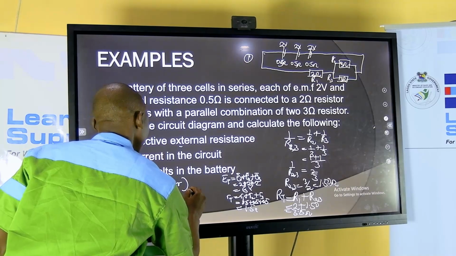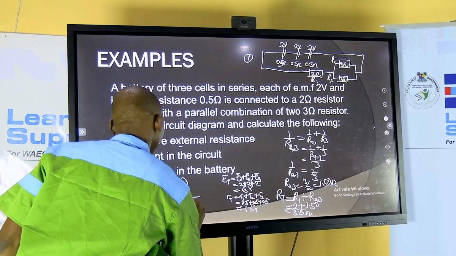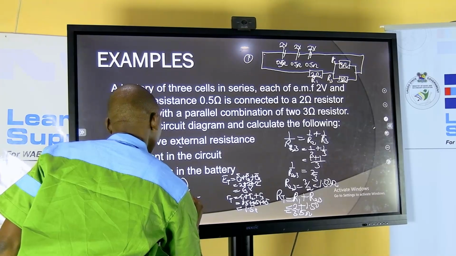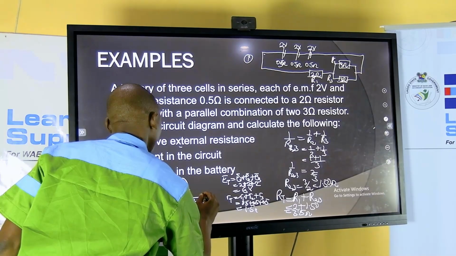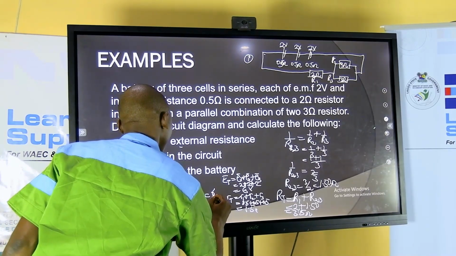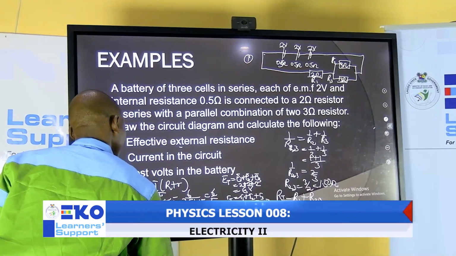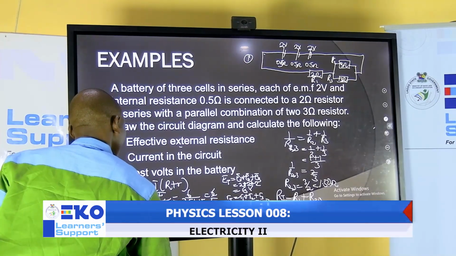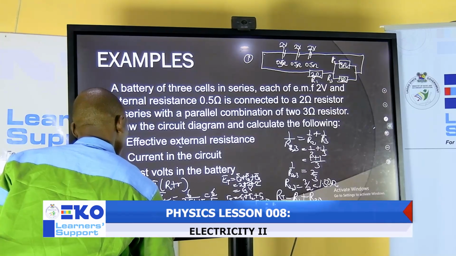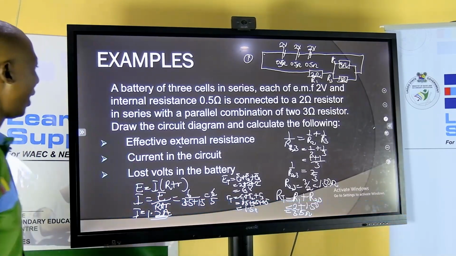So I'm having 6 over, what is my R there? 3.5 plus 1.5. That will give us 6 over 5, so my I equals 1.2 amperes. So I've done justice to that.